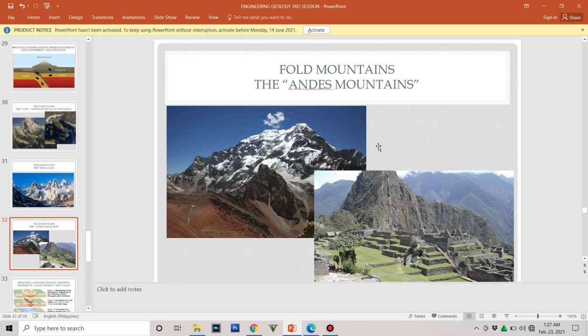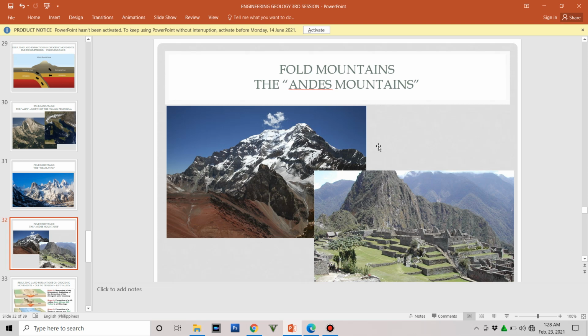And then we also have the Andes Mountains. So kung yung Himalayas, yun yung pinakamataas, yung Andes naman is the longest mountain range in the world and boasts some of the highest peaks. Okay?